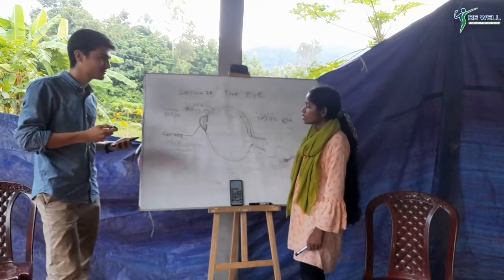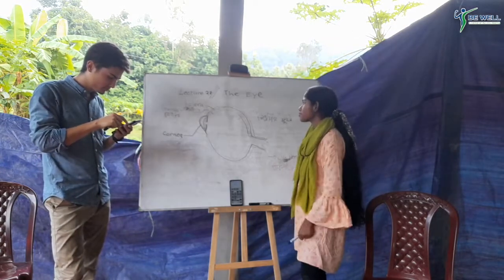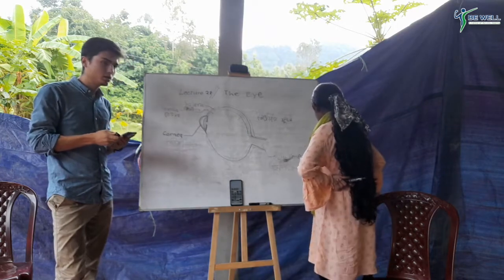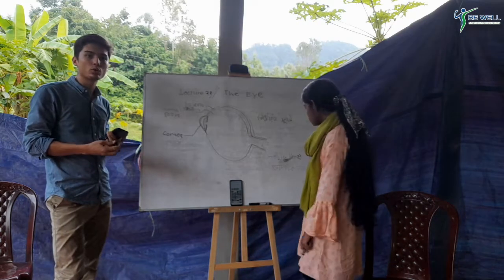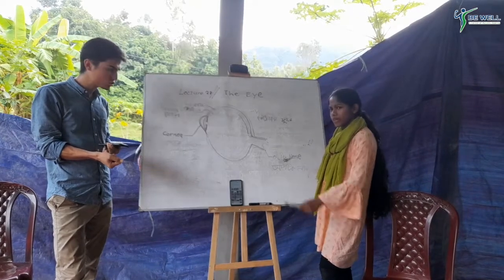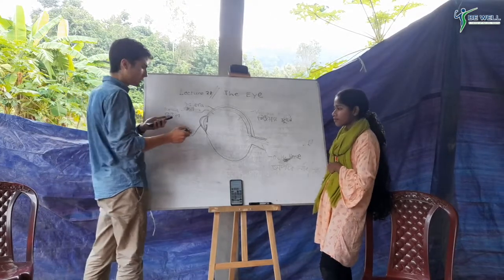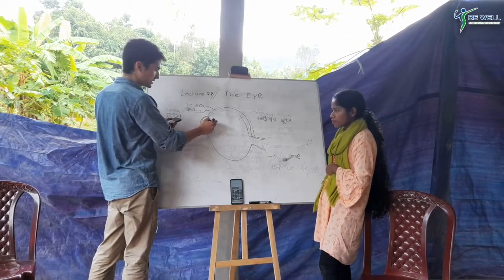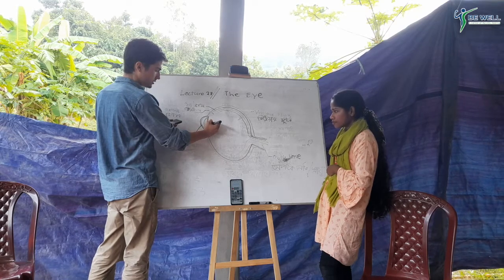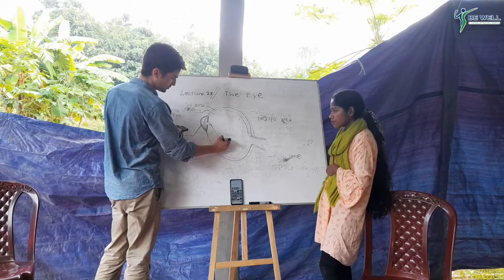They have a function, and that function is to let in more or less light, because they help control this little space. This little space is called the pupil.